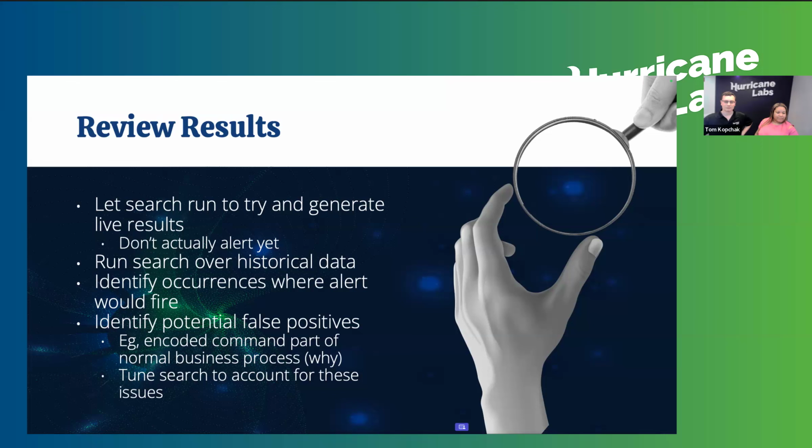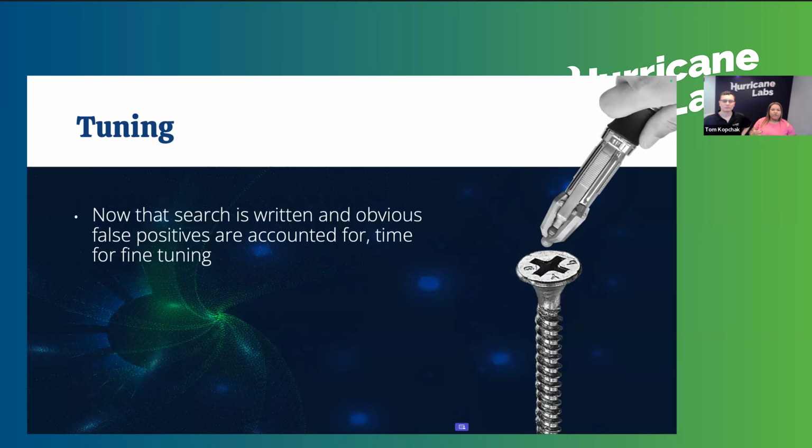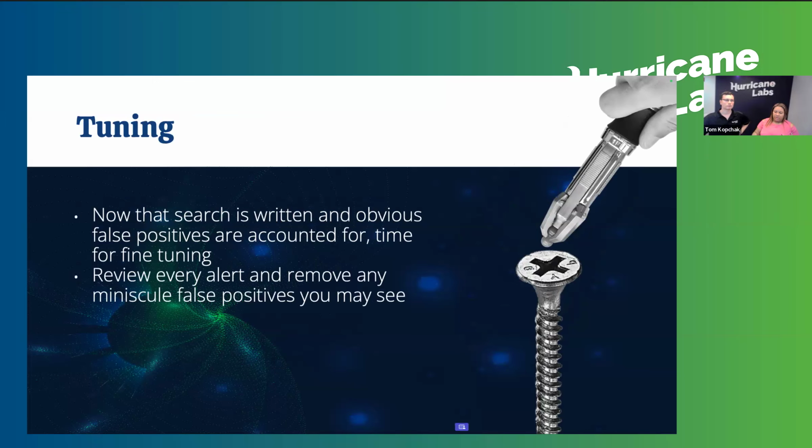Yeah, awesome. So now you're going to go into tuning your alert for encoded commands. So the search is written. You've got your obvious false positives accounted for. Now it's time for some fine tuning. So you're going to review every single alert that's generated since your last round of tuning and remove any minuscule, 1-off, 2-off false positives that you may see in those results to try and increase the fidelity and decrease the noise that your SOC and your analysts will be receiving once you set that live.